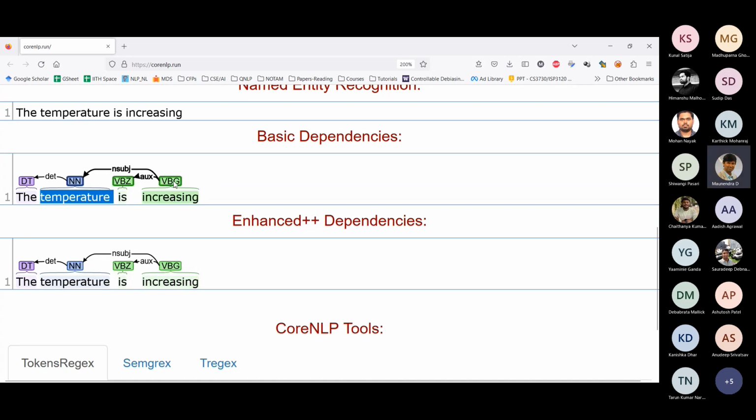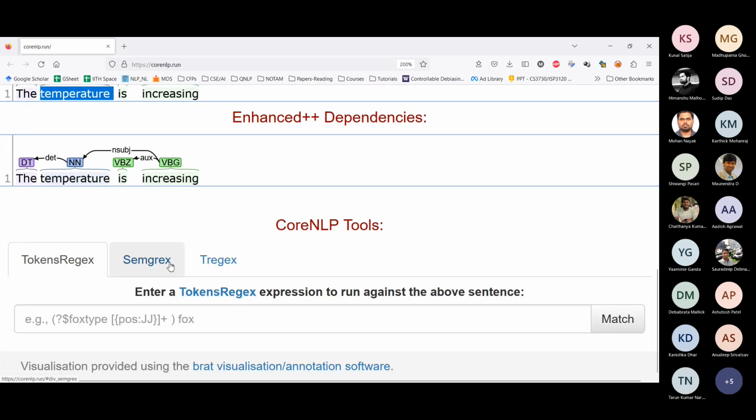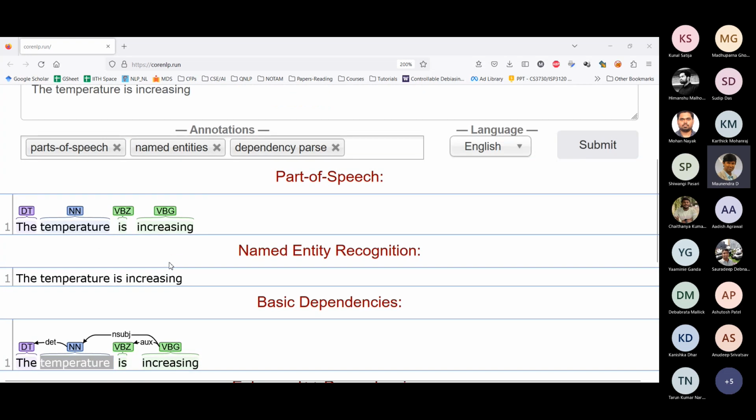Right now this is basic dependency, then enhanced plus dependencies. So another set of labels will be allowed inside this. For this simple sentence, I believe all the labels are fine and matching between these two. However, for some other sentences, this may be different. Let us look at another.